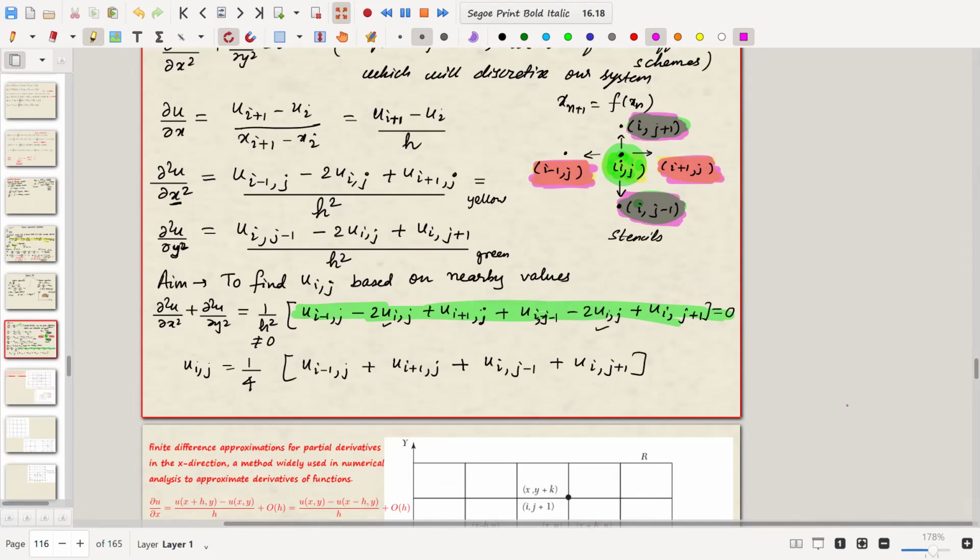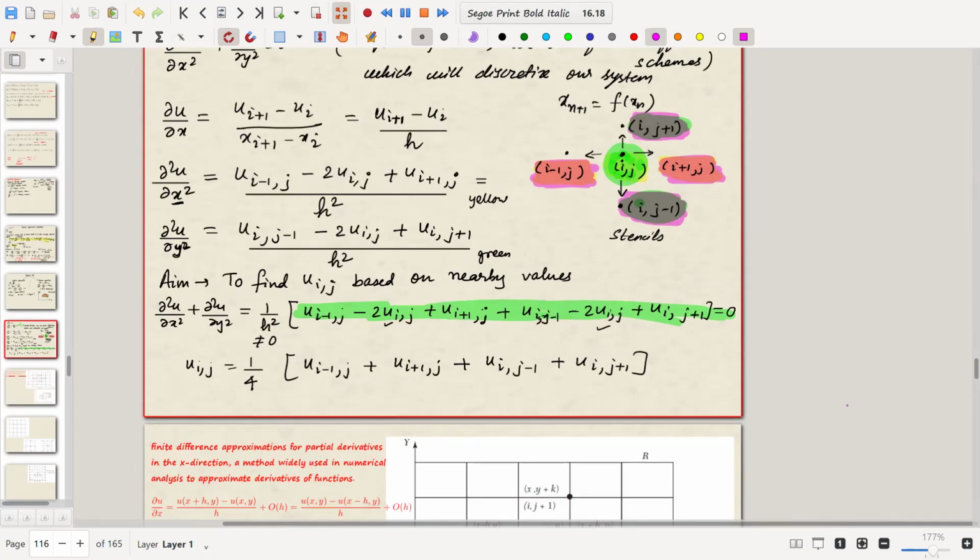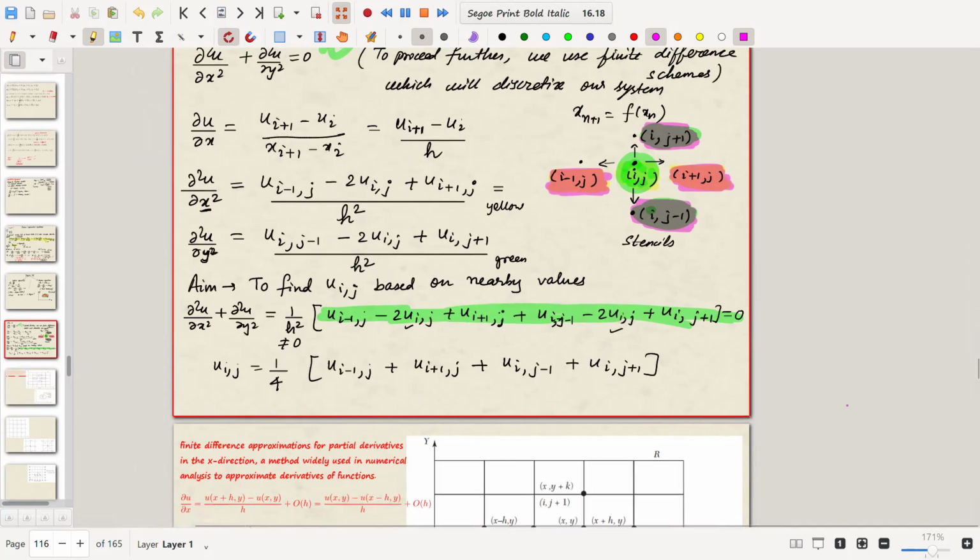So in order to find this middle point, you have to take the average of the left, right, top, bottom. This is something nice, and this is usually referred to as the standard 5-point formula.